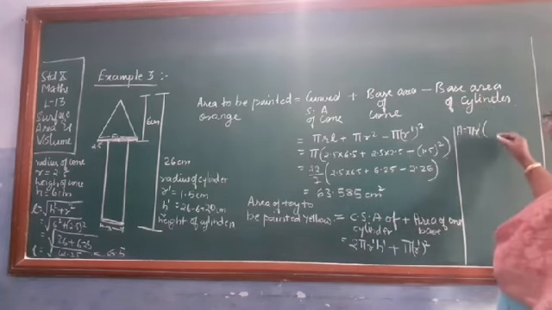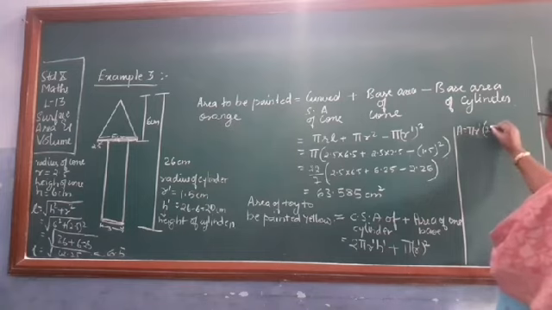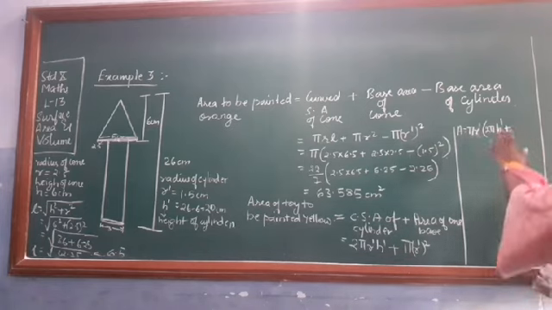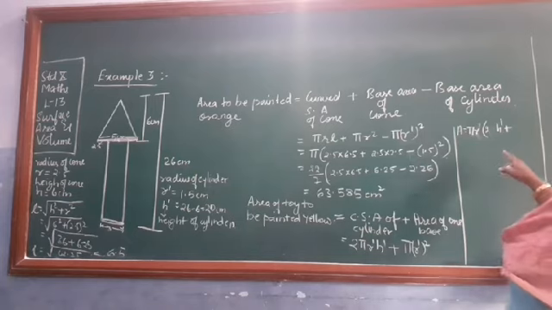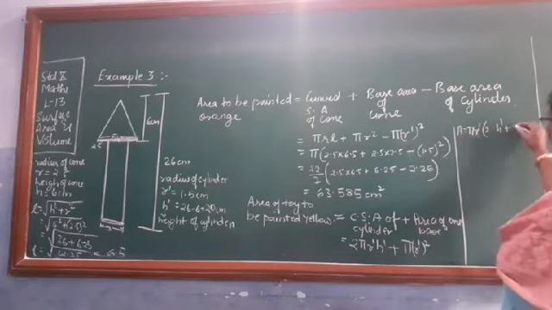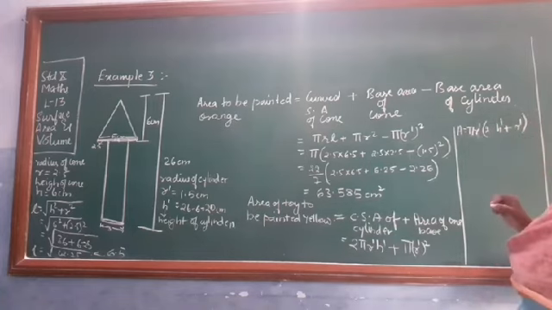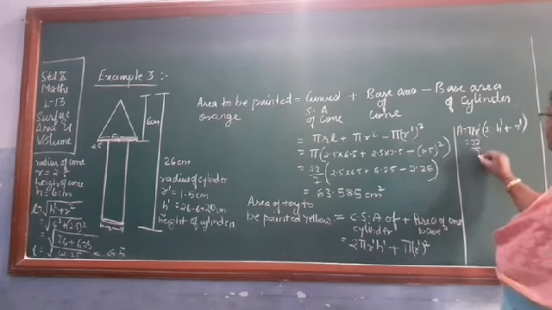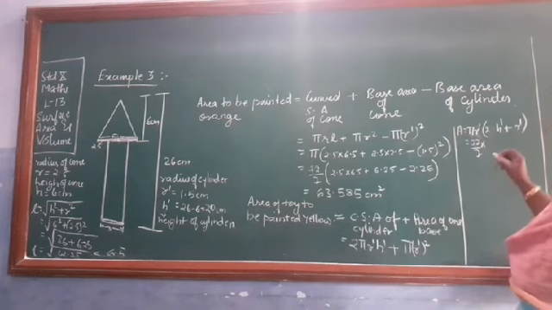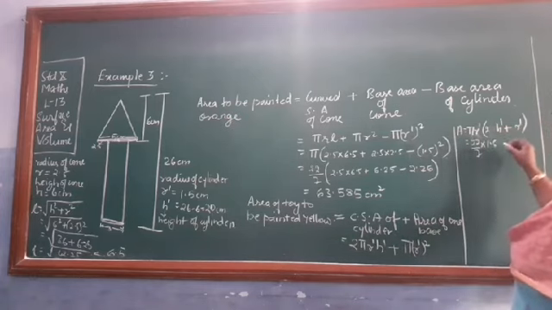So I have pi r dash times 2 h dash plus r dash. So pi is 22 by 7 into r dash is 1.5, into 2 times h dash.